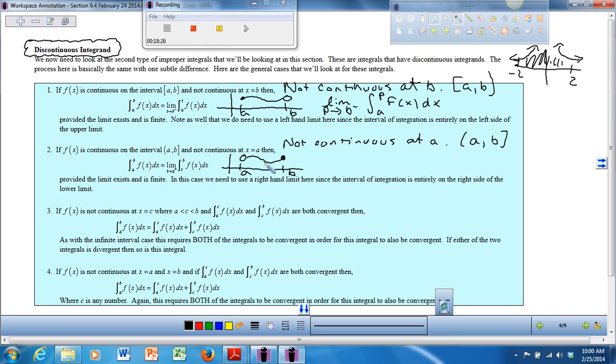So now I can only approach a from the right, so that's the type of limit we need to put on here. So we are going to do the limit as, we'll say, d approaches a from the right, integral from where to where? d to b of f of x dx.